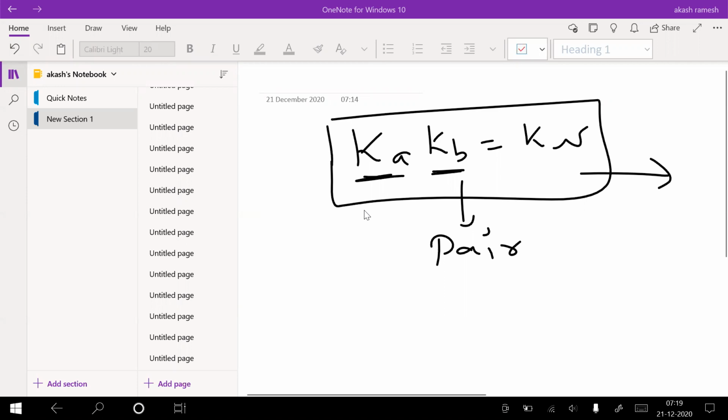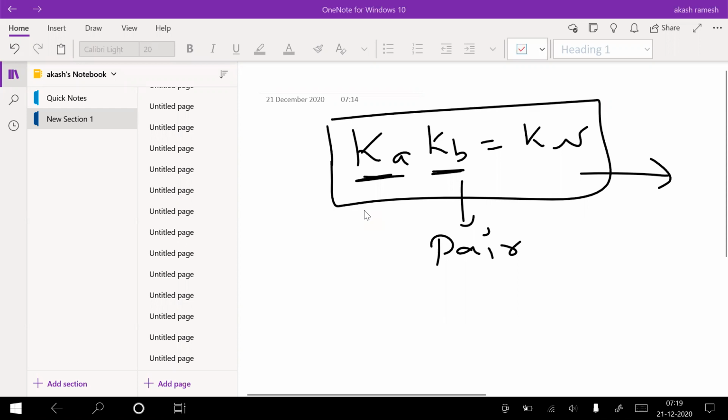Kb only, sir. Exactly, right. So when I say ionization constant or dissociation constant, anything, the names you see, those all represent the equilibrium constants for the acids and the bases, right? So ionization constant, dissociation constant, all these names represent Ka and Kb for the acid and the base.